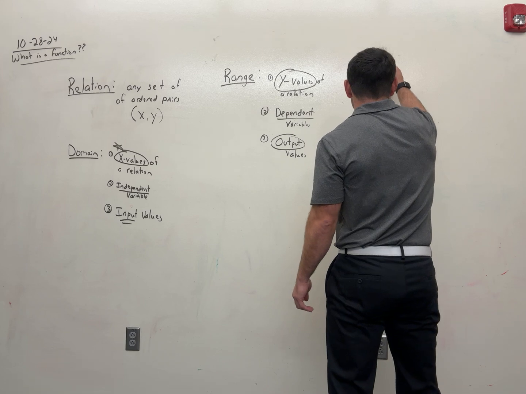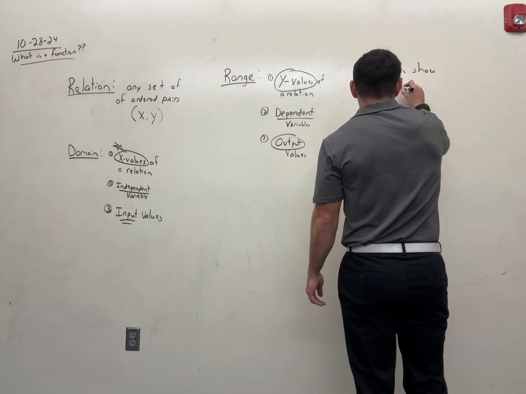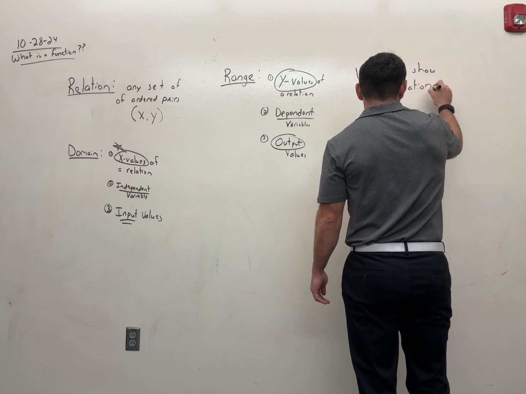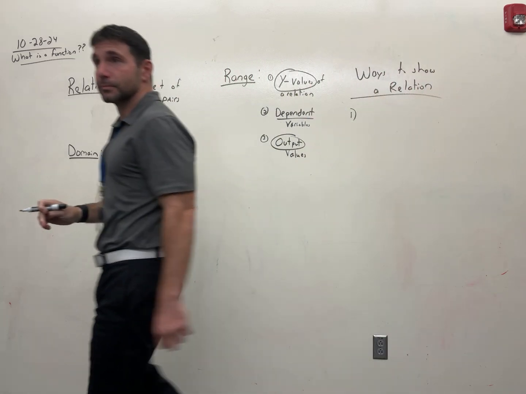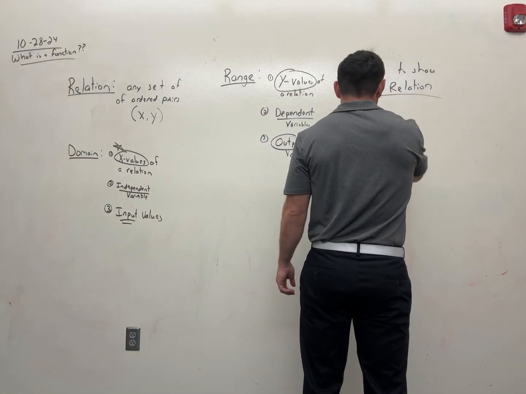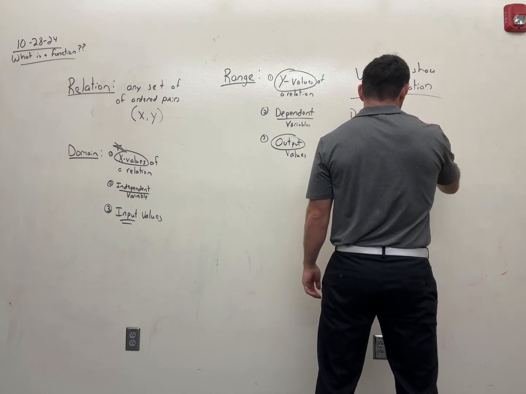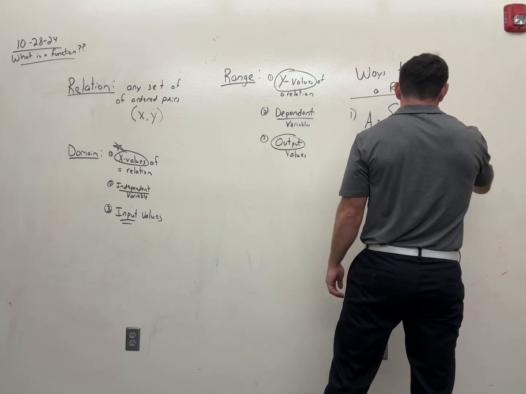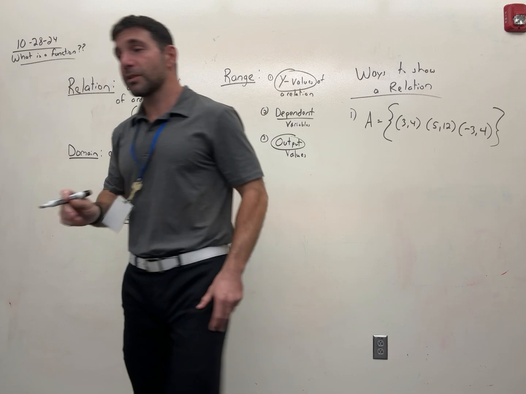So, ways to show a relation. Number 1 is literally to say the set A is {(3, 4), (5, 12), (-3, 4)}. Okay, so there's the first thing.